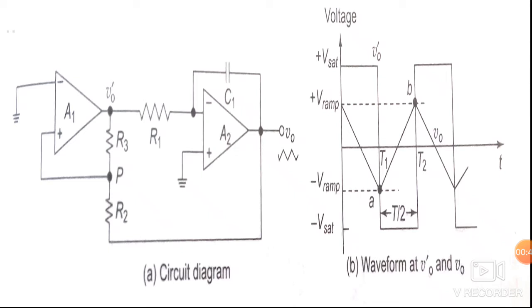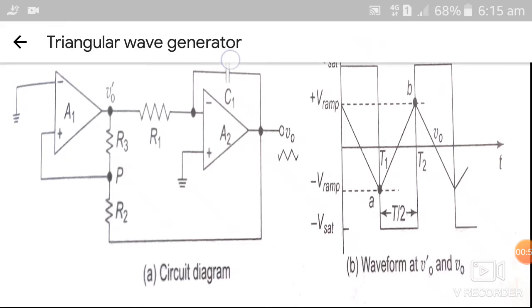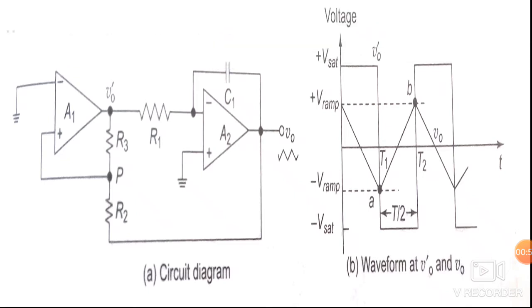It consists of two operational amplifiers A1 and A2, one feedback capacitor for A2, and resistances R1, R2, R3.